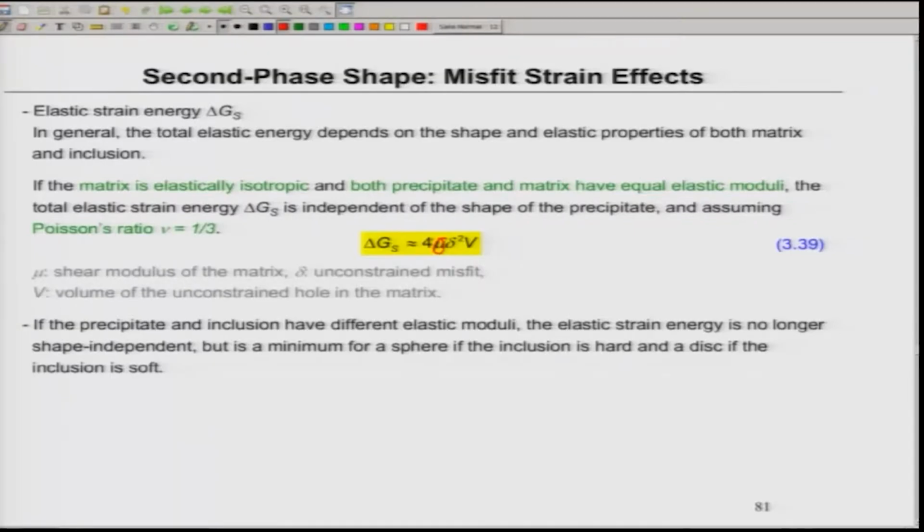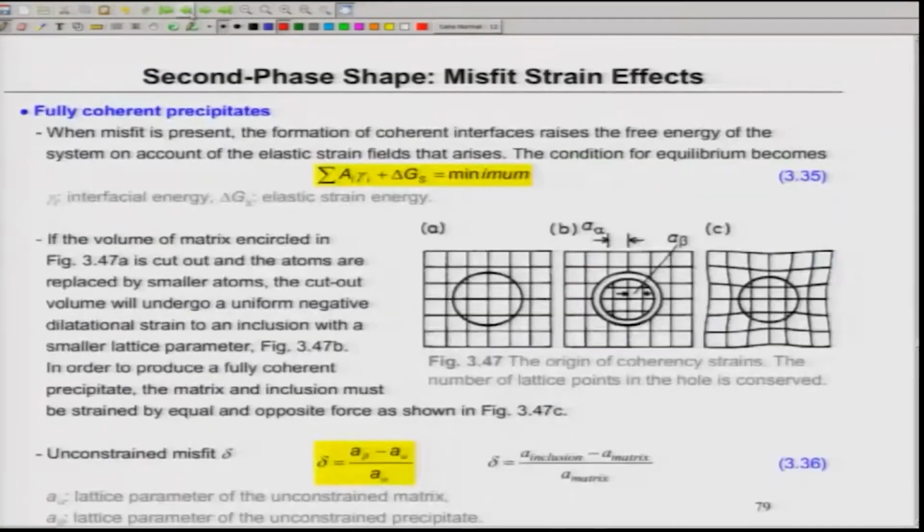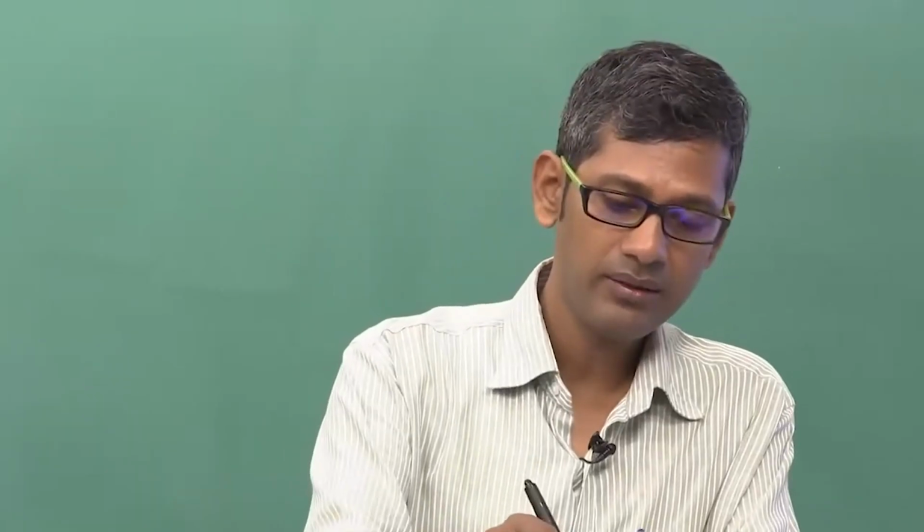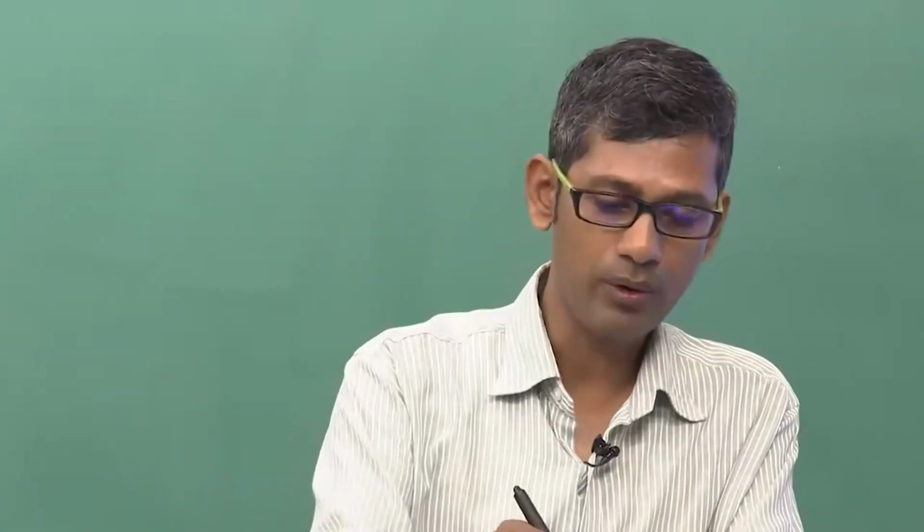So, we can add up these things into this equation, and actually then minimize the whole equation and get these shapes of the precipitates. Obviously, Wulff construction will not do that, because Wulff construction does not take care of the misfit strains, but one can actually do a much better way now.